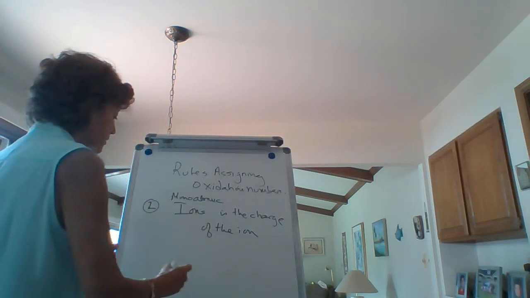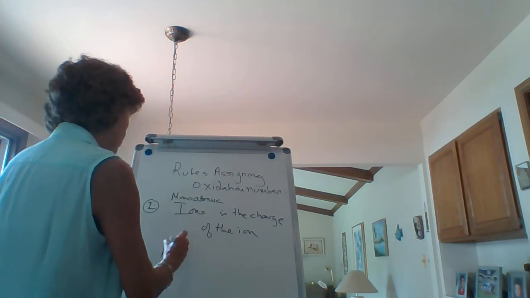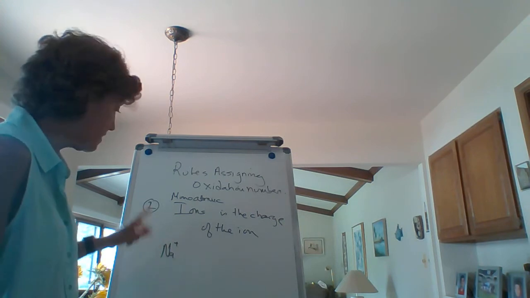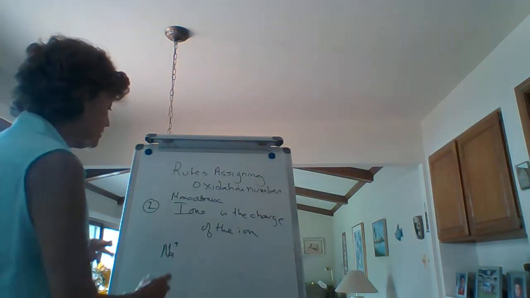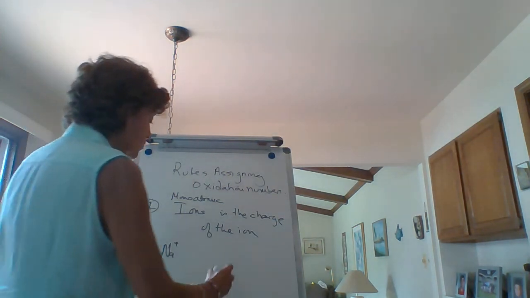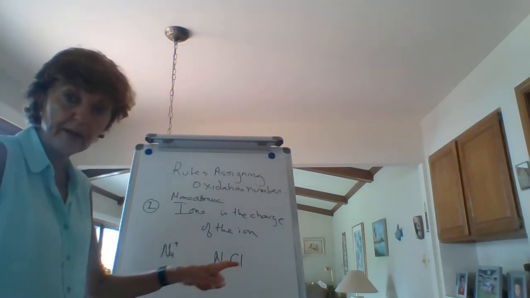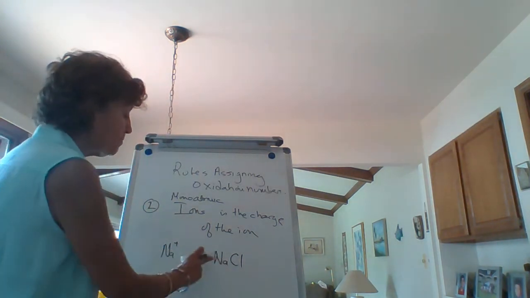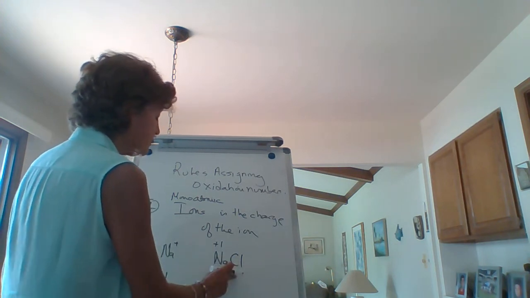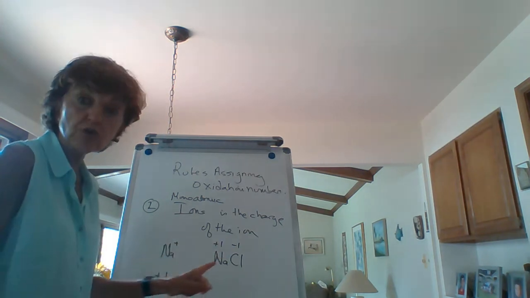For example, if you have a sodium ion sitting around by itself, and you can see that it's an ion, not just an atom, its oxidation number is +1. If you see it as part of a compound, and you know that compound is an ionic compound, then you ask, what is the oxidation number of the sodium? It's +1. The oxidation number of the chloride is -1, because that's what their charges are.